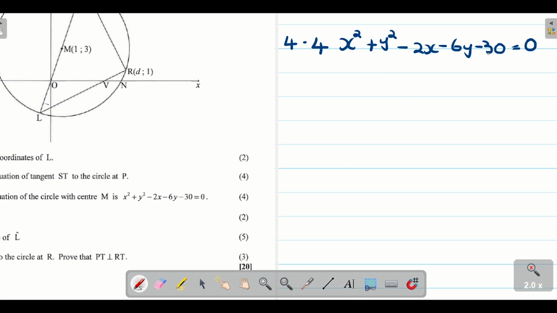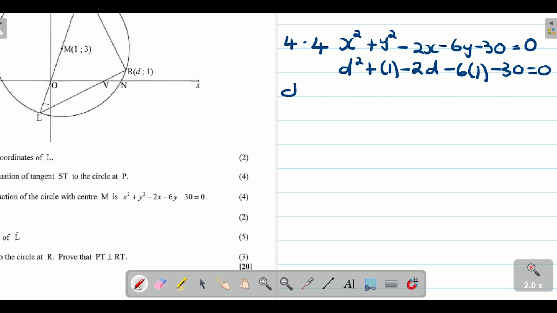Then we're going to substitute the y value to be 1, and we know that x is D. So instead of writing x, we'll write D because we want to solve for D. So it'll be D squared plus, instead of y, we're going to put 1, and then we're going to have minus 2D, minus 6. y is 1, minus 30, which equals 0.